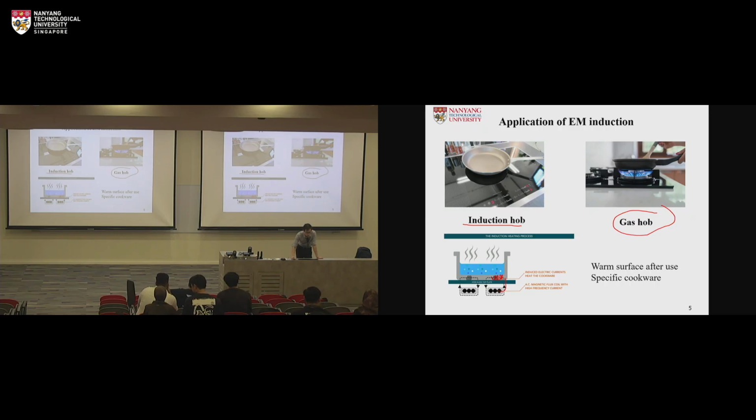The current you get from the wall plug is so-called AC current, meaning the magnitude is changing. As a result, you will induce a current flow inside the pan, and that is how you get the heating effect. Once you have this current flow, it will heat up due to thermal generation. It's a completely different kind of heat generation.